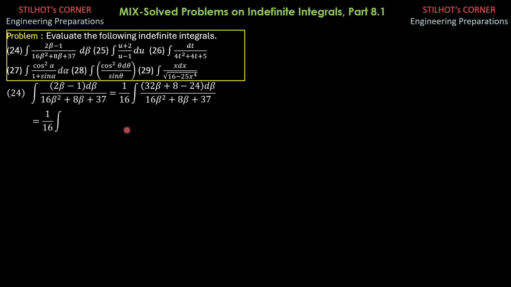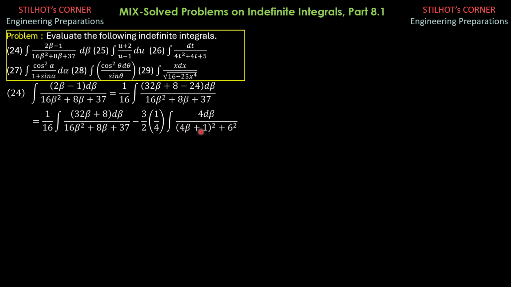Here we include 1 over 4, the differential of 4 beta plus 1. If you let u be 4 beta plus 1, the differential is 4 differential beta. That's why we put the reciprocal of 4 here.